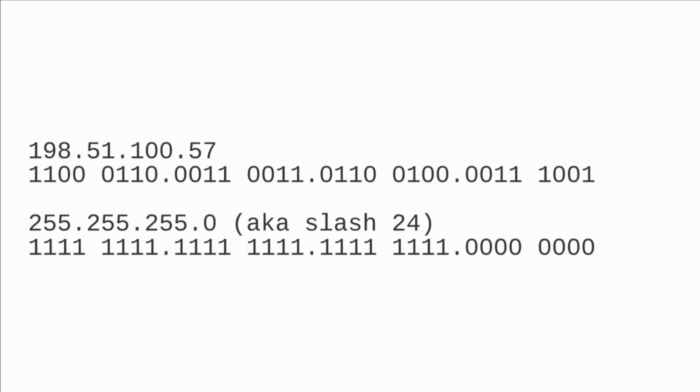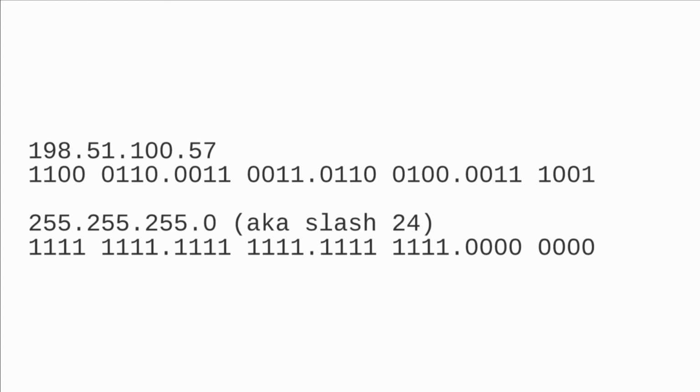The subnet mask on the second line, the one that people are probably most familiar with, is 255.255.255.0. You'll notice that in binary, that is a series of ones, all as a block on the left side, and then a series of zeros, all on the right side. And that's how a subnet mask works.